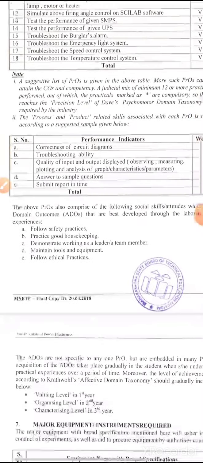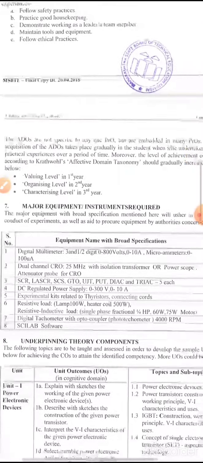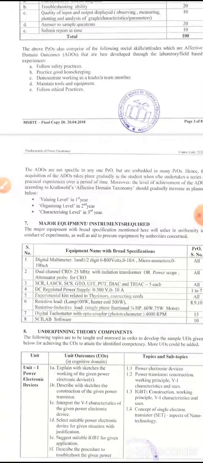Now moving forward towards the major equipment, as we already know, our institute is NBA accredited. Because of that, there is a bulk quantity of instruments, so we are able to perform the whole experiment, and each and every student is able to perform the given practicals, or the practicals will be conducted individually.